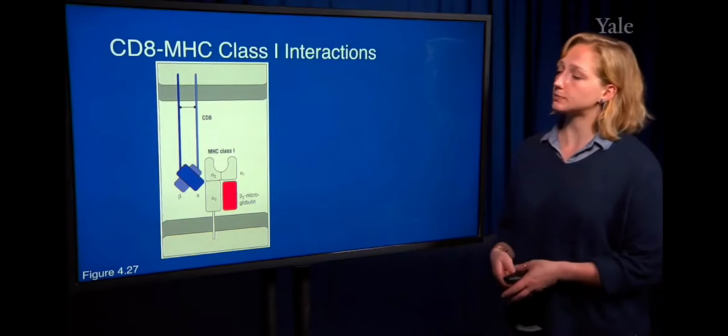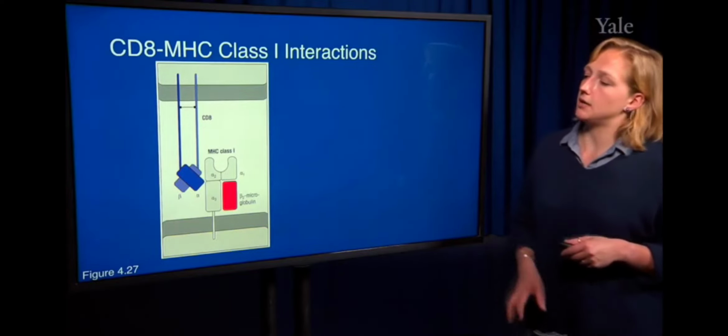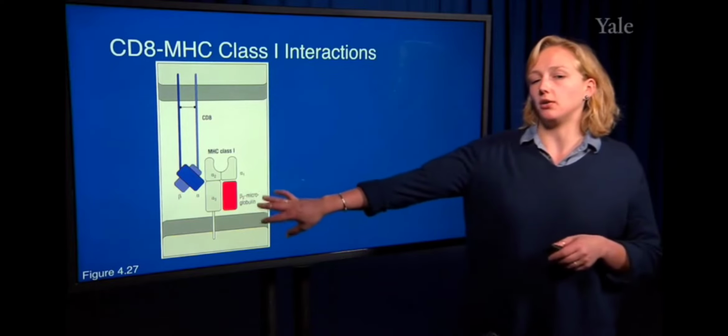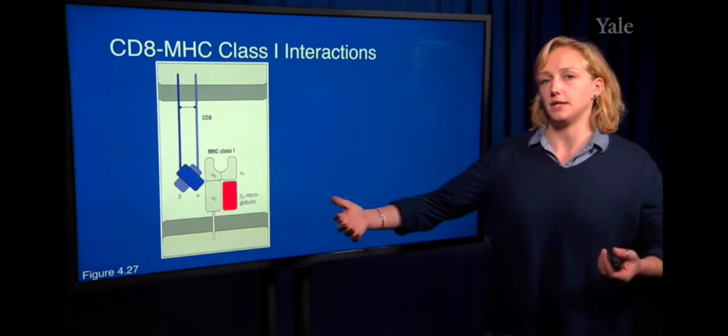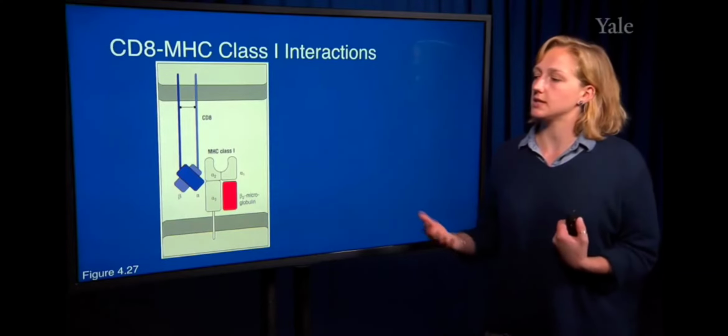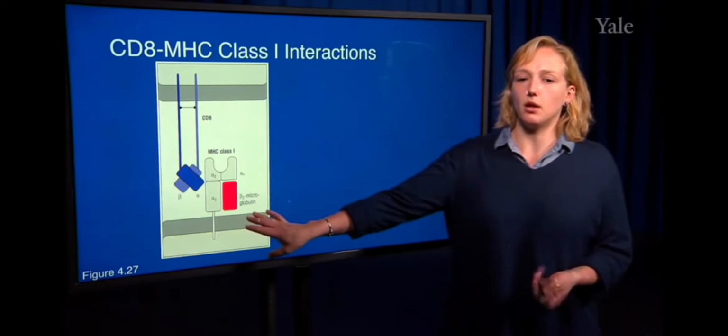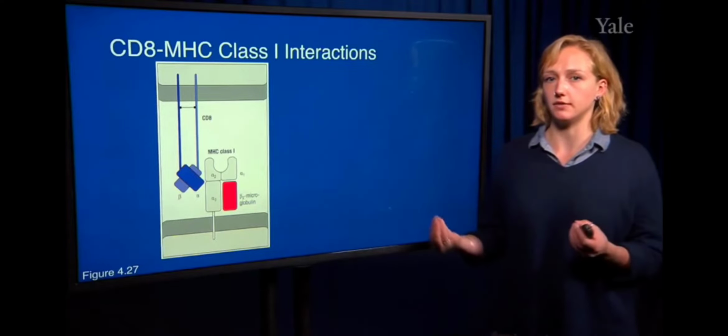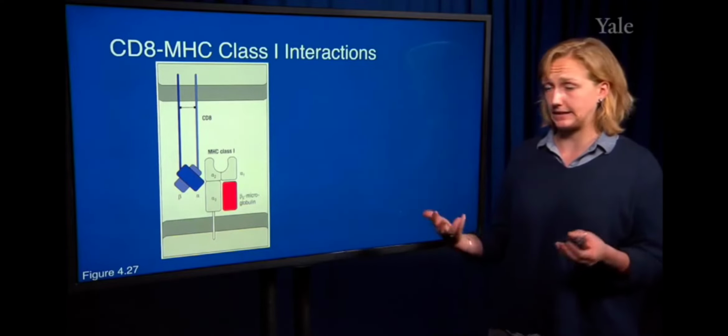So when an MHC class I molecule is expressing a particular protein, let's say, for example, this cell here was infected with a virus, the MHC class I molecule will take portions of the virus coat or the inside and display it on itself.